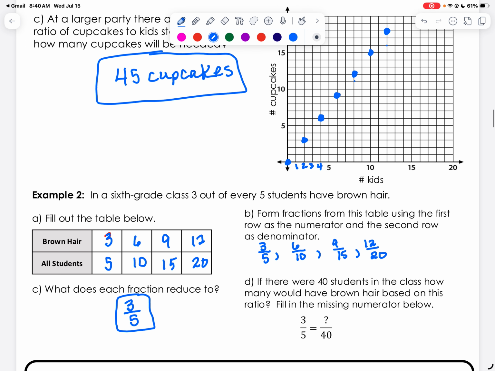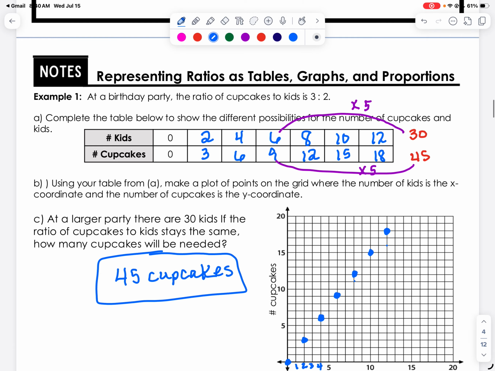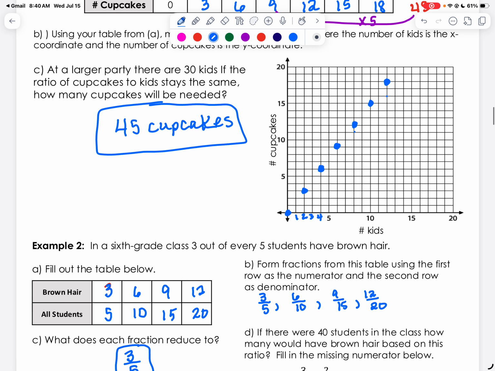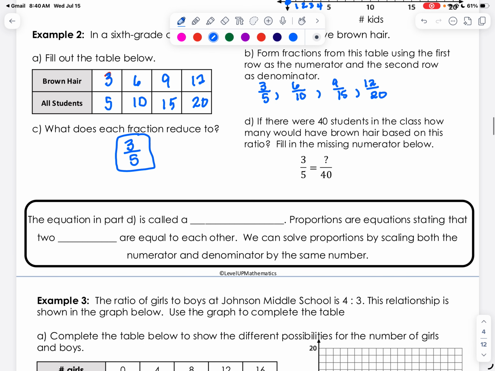Now, just like up here in this table, we scaled our ratio to find the answer to question C. I'm going to scale my ratio here. So my original ratio is 3 to 5. I want to scale this 5 to 40. So ask yourself, what would I have to multiply? In other words, what is 40 divided by 5?